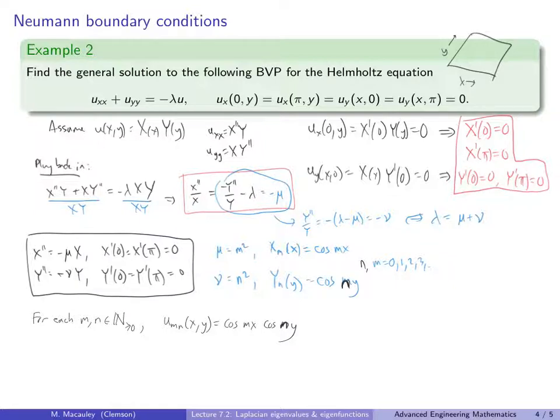Okay, so in other words, we have found the eigenvalues. So lambda is mu plus nu, which is m squared plus n squared.